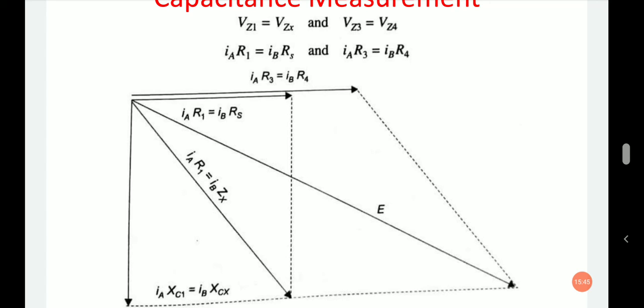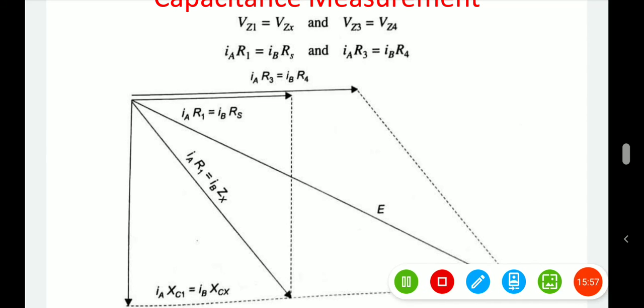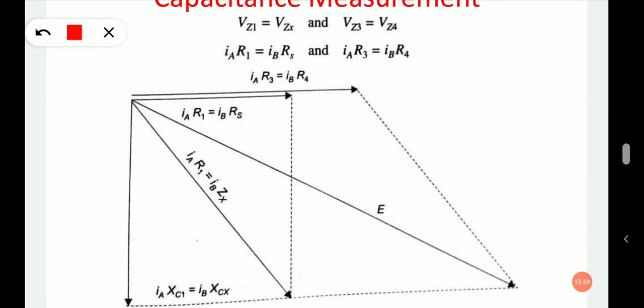The current flowing through them is in phase with their respective voltage drops, that is, IA is in phase with IAR3 and IB is in phase with IBR4.